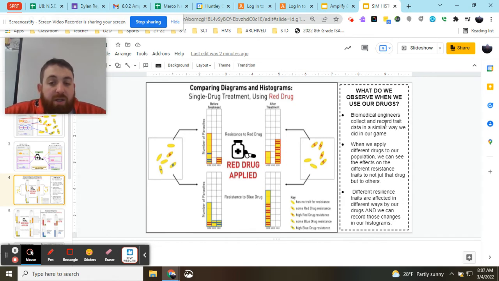So biomedical engineers will collect this data in these histograms so that they can record what's going on in our population. When we apply these different drugs to our populations, we can see the cause and effect in how the traits change. Different resilient level traits are affected in different ways by the drugs. So we're going to look at how that works.